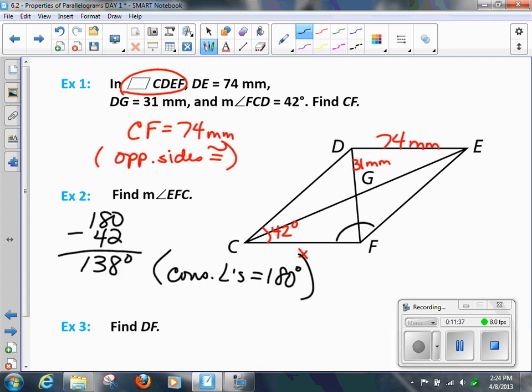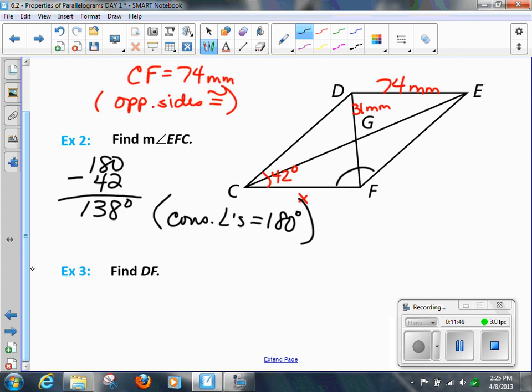Is it important that I write down this stuff here in parentheses? Yeah, it is important. How about DF? Well, it says that DG is 31. What do you know about the diagonals in a parallelogram? They bisect. They do bisect each other, yes. But what is the measure of DF?